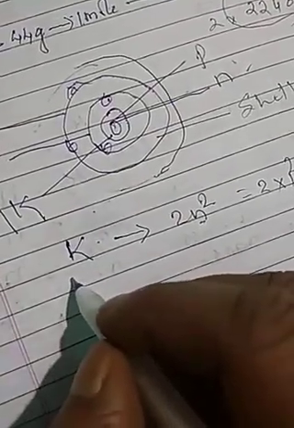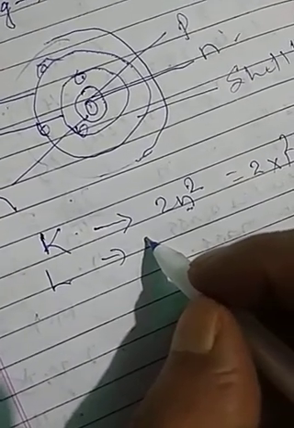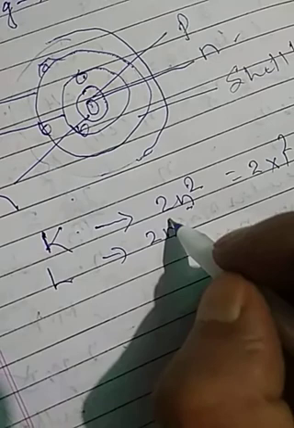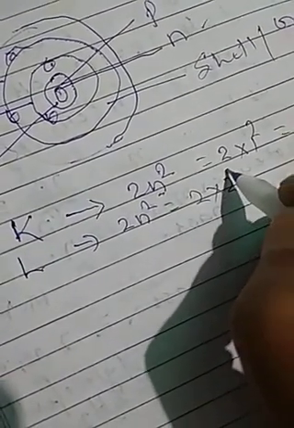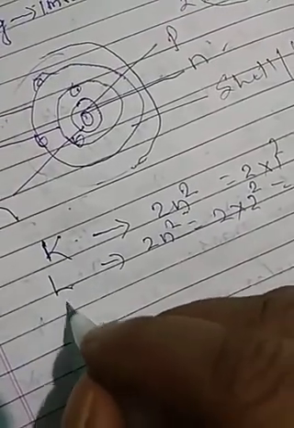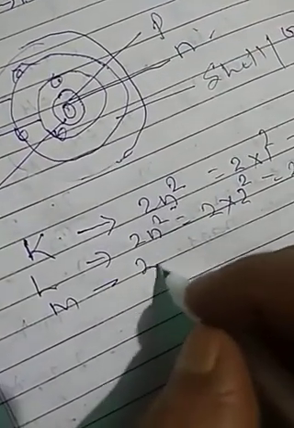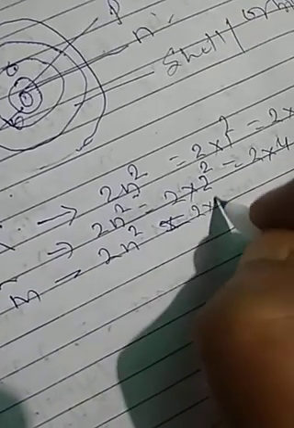If it is the second shell, the L shell, then the number of electrons present will be 2n square, where n is 2, so 2 into 4, that is 8. Likewise, for the M shell, the third shell, it will be 2 into 3 square, 2 into 9, that is 18, and so on.